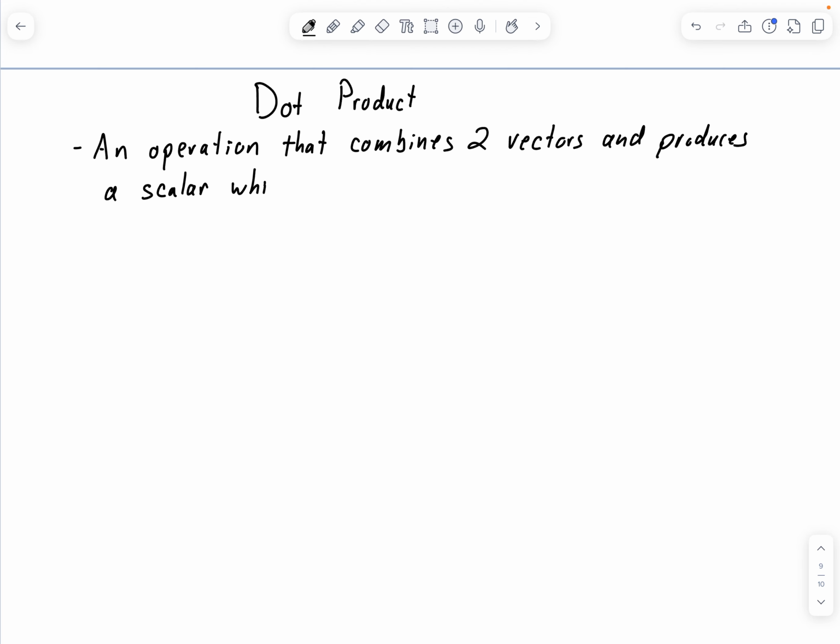And that scalar is a measure of the alignment of those two vectors.